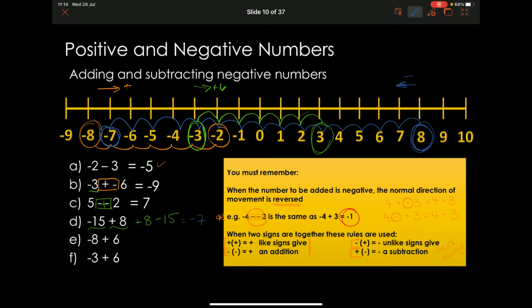So I know I'm right either way that I've done that question. You can switch it around and do the positive 8 take away the 15, and your answer will give you minus 7. I'm just going to rub that out so I can put the answer on. Minus 7.